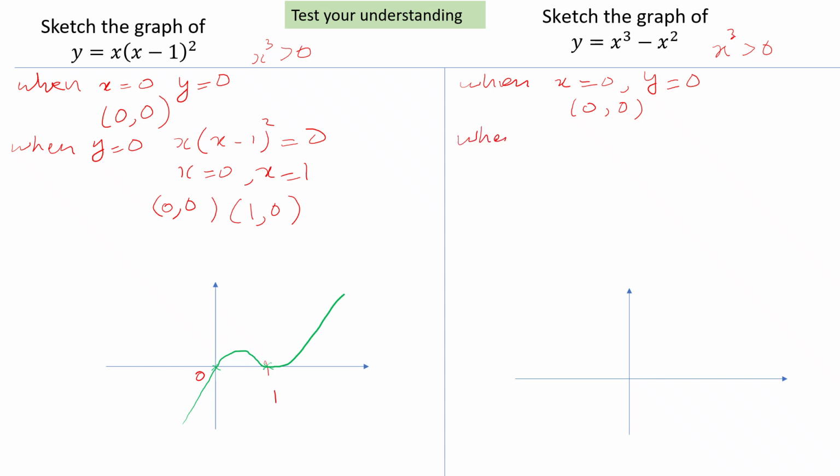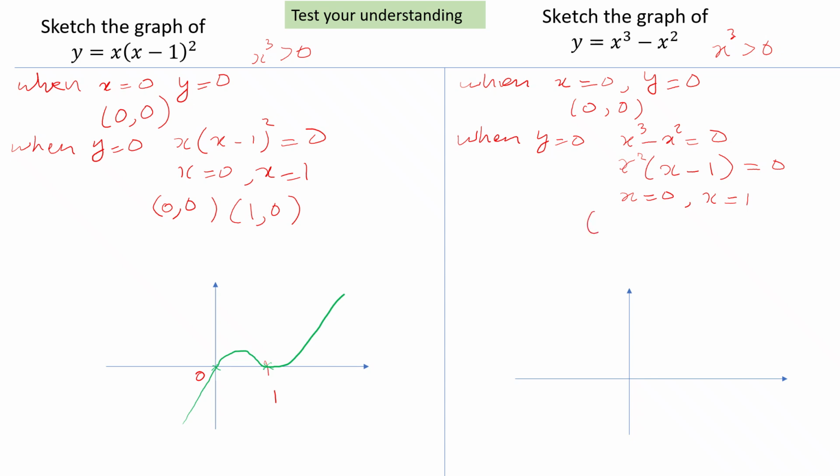And when y equals 0, x cubed minus x squared equals 0. Now we need to factorize this one. So x squared times x minus 1 equals 0. So x equals 0 and x equals 1.